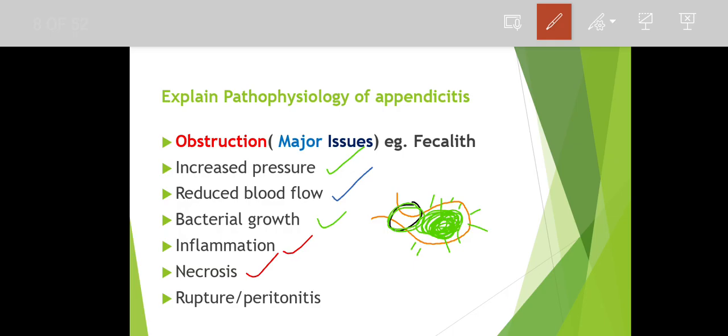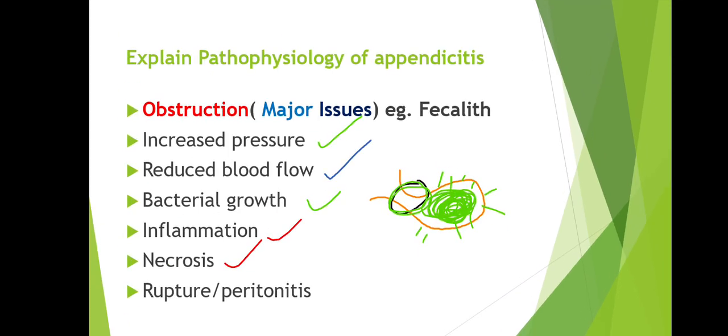Now, one thing about the ruptured appendix is that a ruptured appendix is a medical emergency. That's one thing you should know. A ruptured appendix is a medical emergency. It requires quick intervention because it leads to peritonitis, and this can lead to more severe complications. So this is basically the pathophysiology behind appendicitis. I hope it was loud and clear.